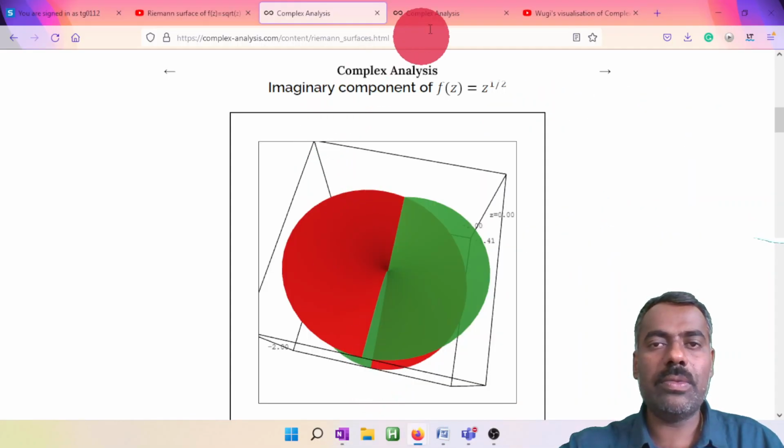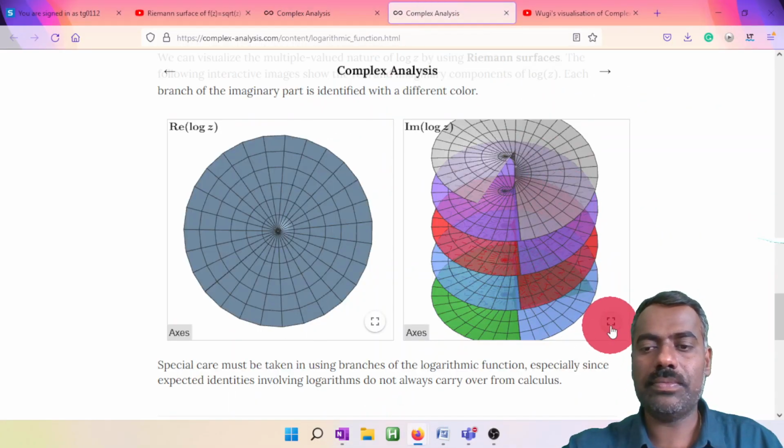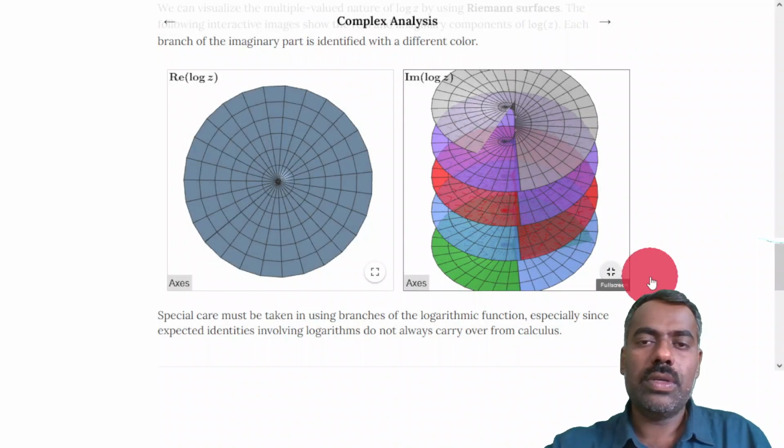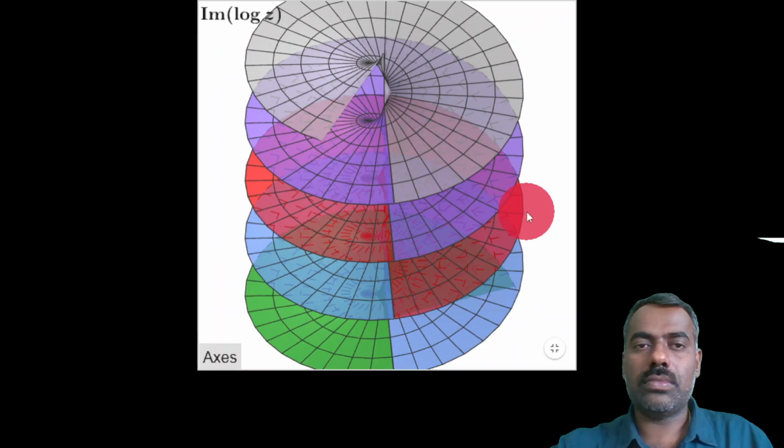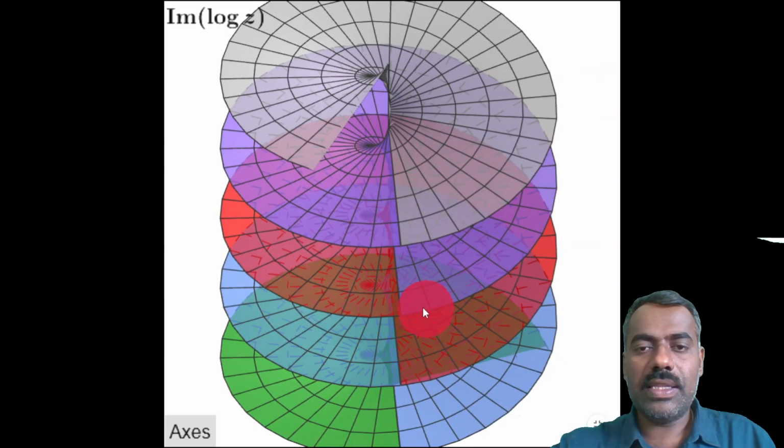Just to understand, let's go back. I will show you one more picture here so that you can understand. This is how. Can you see the screen? So here the branches are colored in different colors.